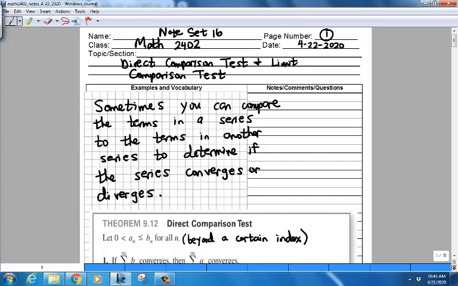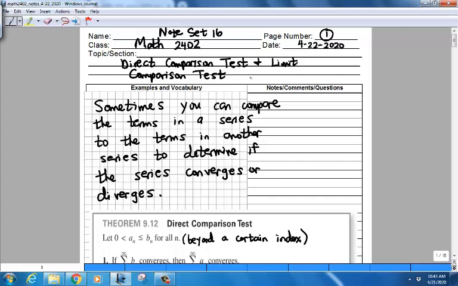There are actually two techniques, but they're related to one another. The second version is kind of a simplification or a shortcut of the first version. These are called the direct comparison test and the limit comparison test. Again, these are tests to determine if a series converges or diverges.